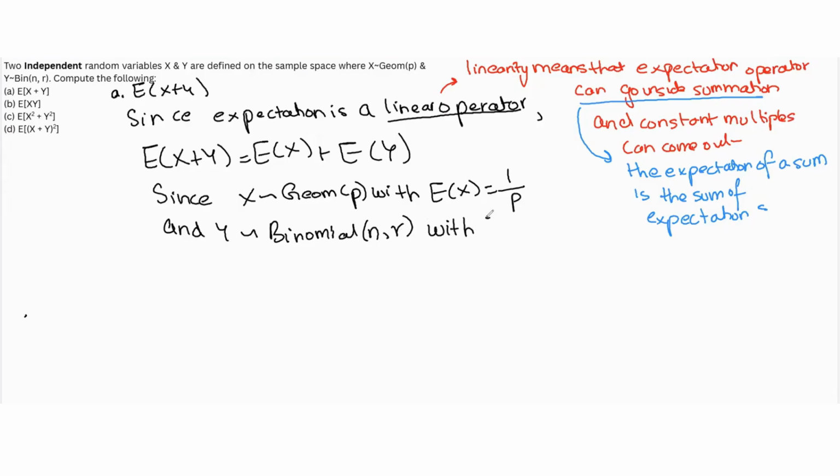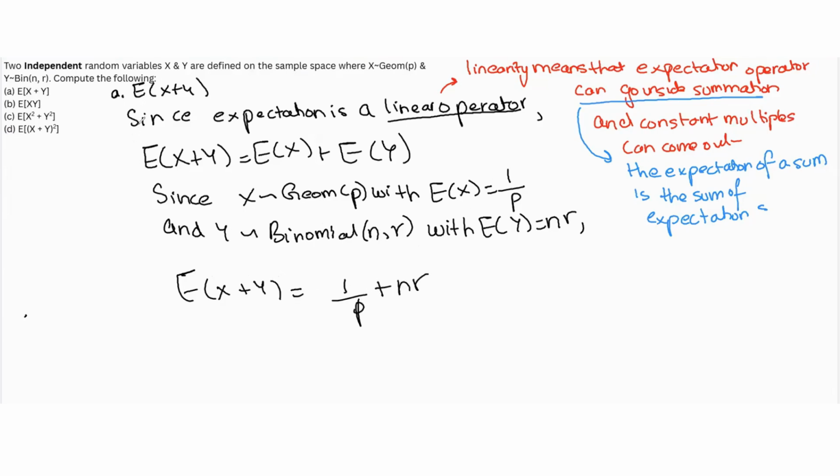And we know the expected value of a binomial random variable is the product of its two parameters, the number of trials and its probability of success. So the expected value of X plus Y is just 1 by p plus nr.